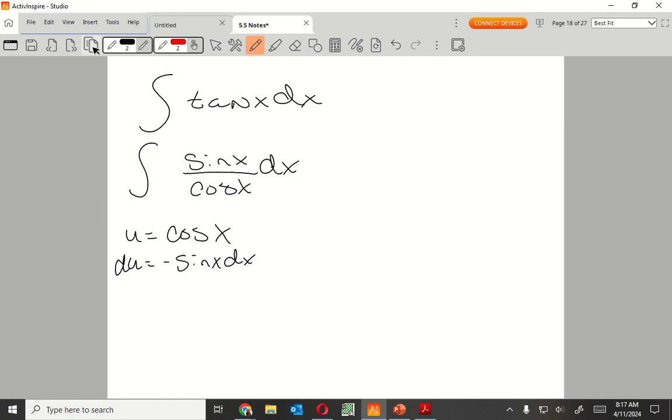So there's one slight difference here. Don't I have a positive sign here? How do I get rid of that negative? Negative 1. Yeah, negative 1. So on the other side, this is going to give me negative du is equal to a positive sine x dx.